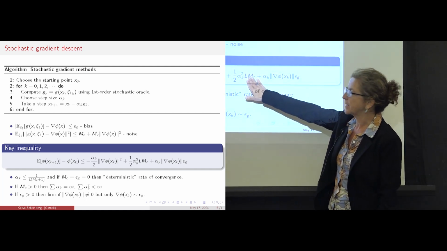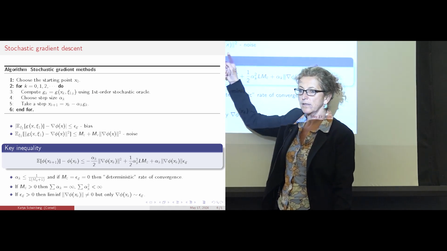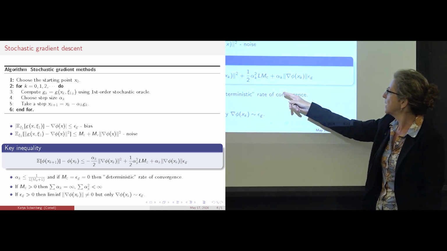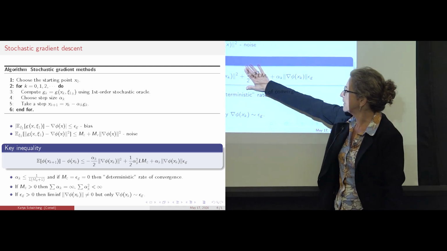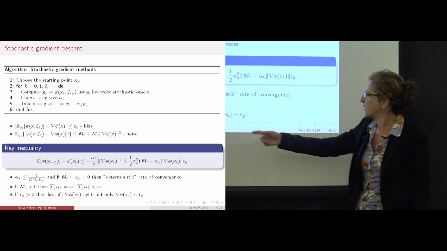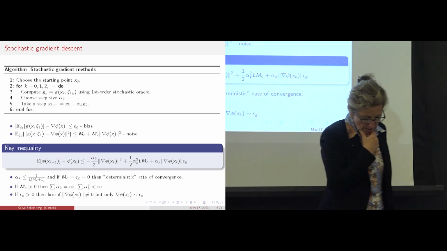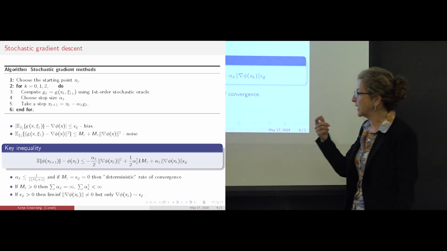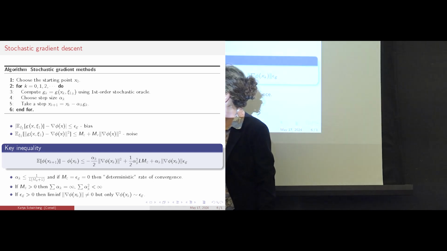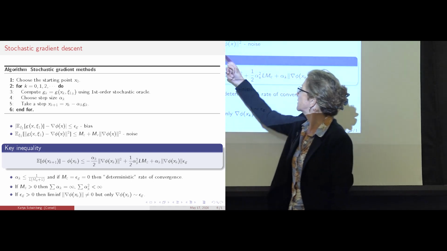So the first thing we notice is that if this happens to be 0, so if my error in the gradient is only a relative error, there is no this term here, then I don't have this, and I just have a nice descent, as long as my step size is small enough. So small enough, 1 over L, and then the bound, this MV constant.